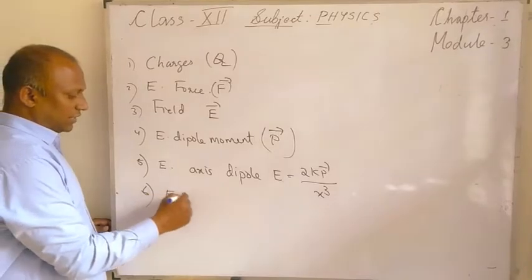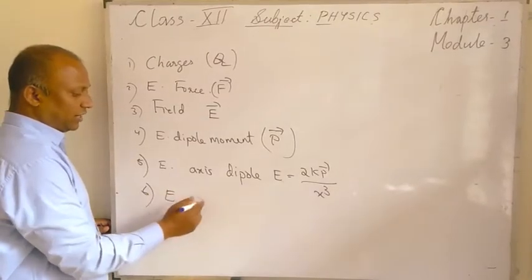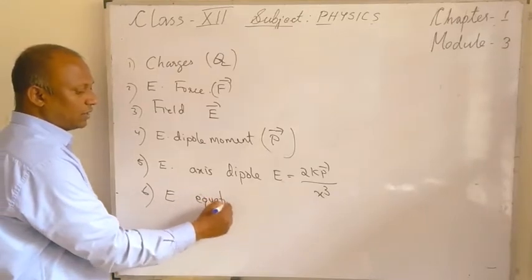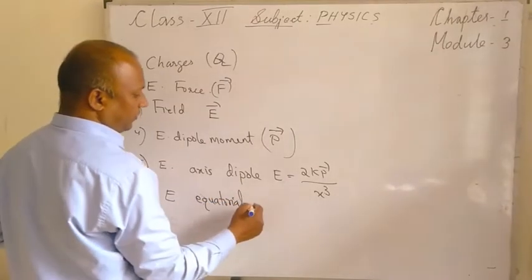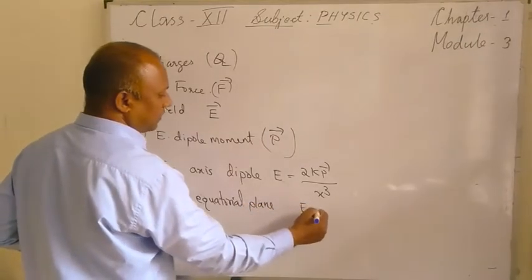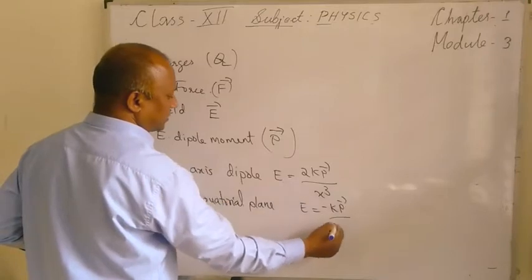And we learned about electric field at any point on the equatorial plane of an electric dipole, and E was minus kp upon x cube.